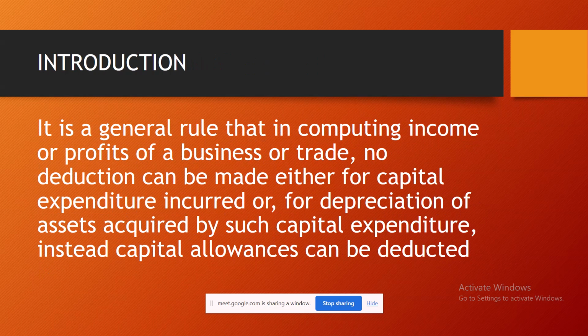Okay, so now we can say that in general, a general rule for computing income or profit of a business or trade is that there are deductions that can be made either for capital expenditure incurred or for depreciation of assets acquired by such capital expenditure.